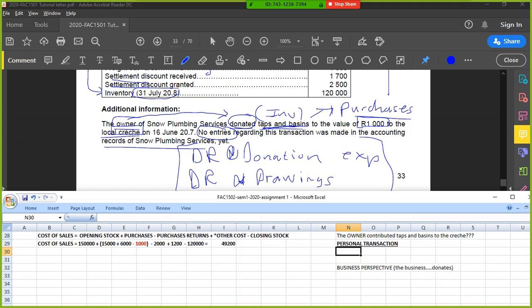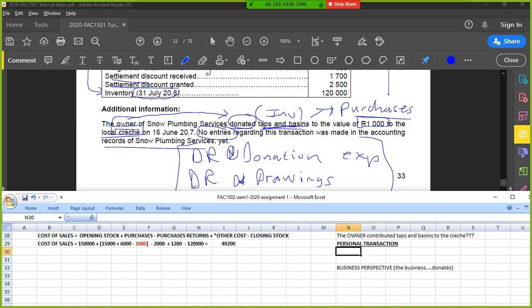So think about this. You might work for a business, let's assume Snow Plumbing Services. You might even be the owner. If your business donates products to a creche, from the business, then you would affect the cost of sales for the business. But what happens if you, as the owner, out of your own goodwill, not related to the business, go to a local creche and give taps and basins as an individual?